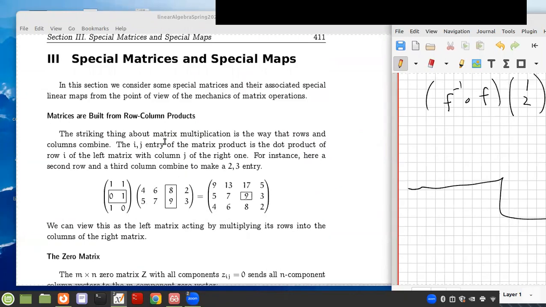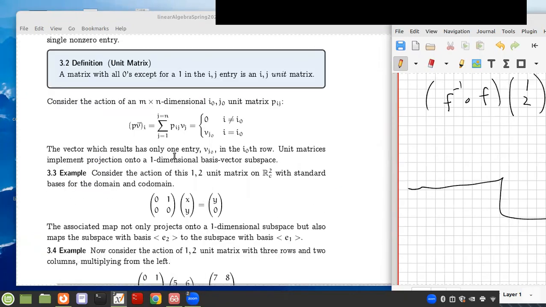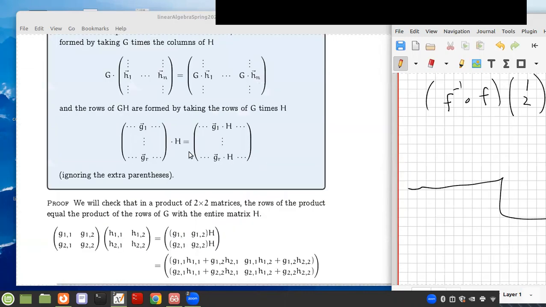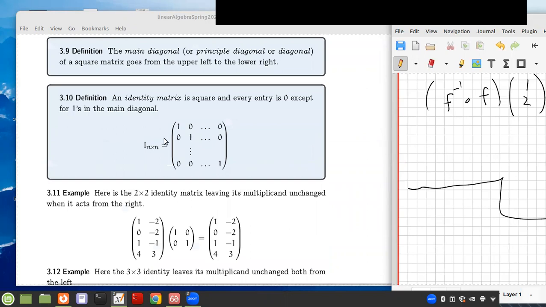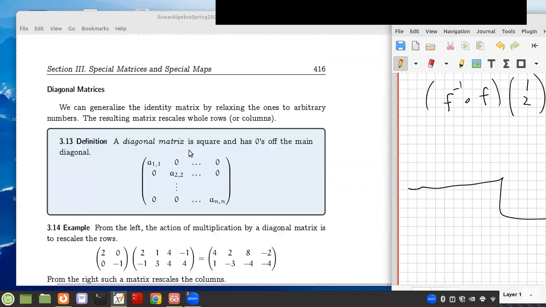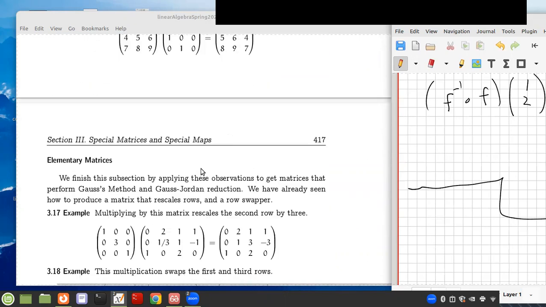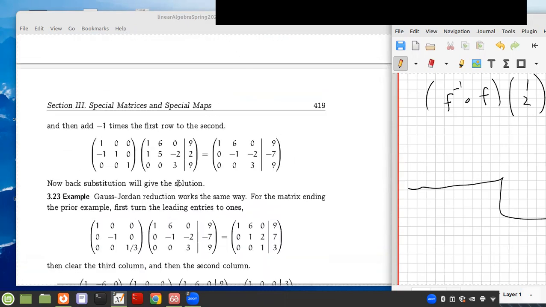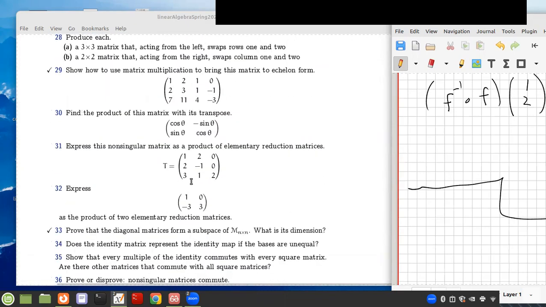And at the end of this chapter, there are some special matrices, a zero matrix, a unit matrix, that I wanted to not dwell upon. We have the identity matrix, the diagonal matrices. So these are just definitions of some special matrices. And then we introduce the elementary matrices, which you already know about. So most of the stuff you've already seen before.